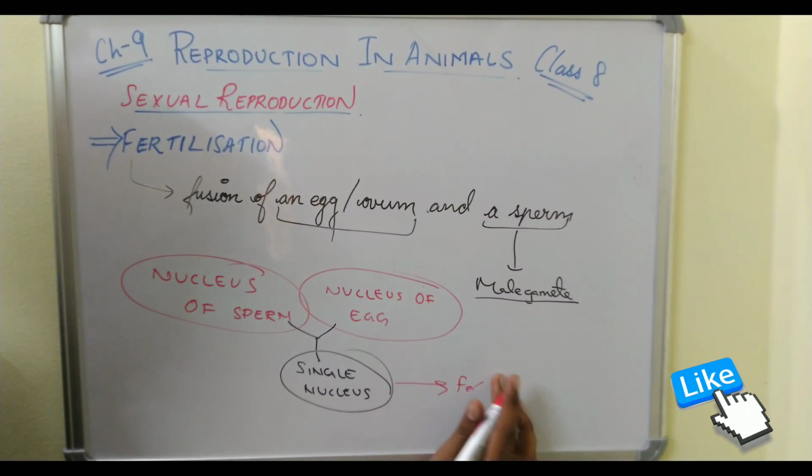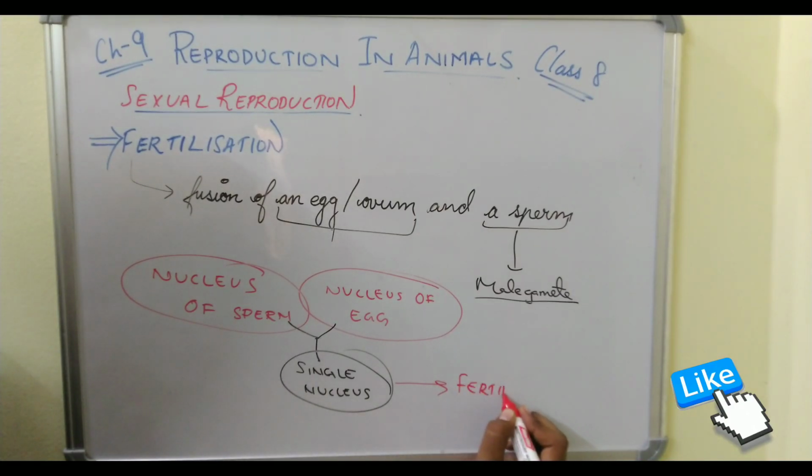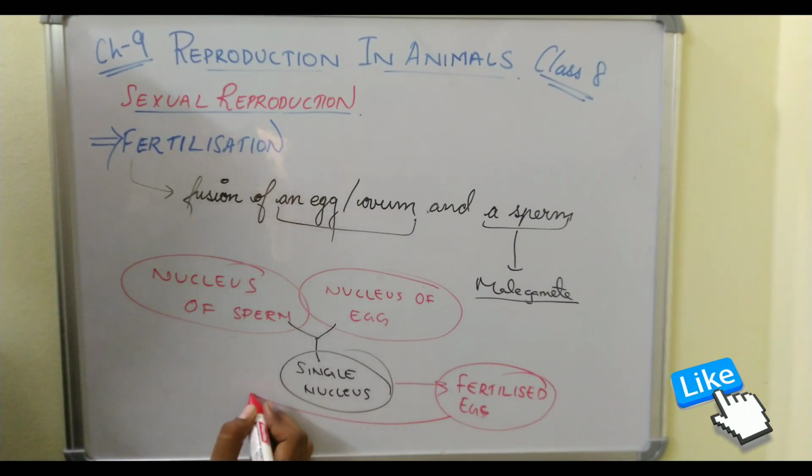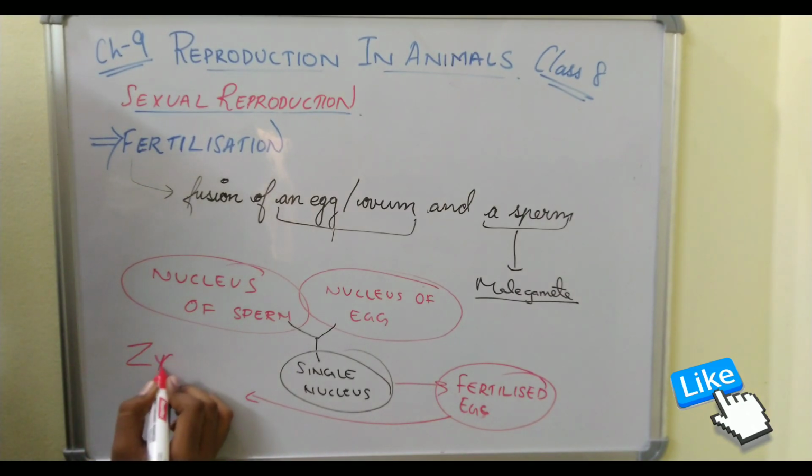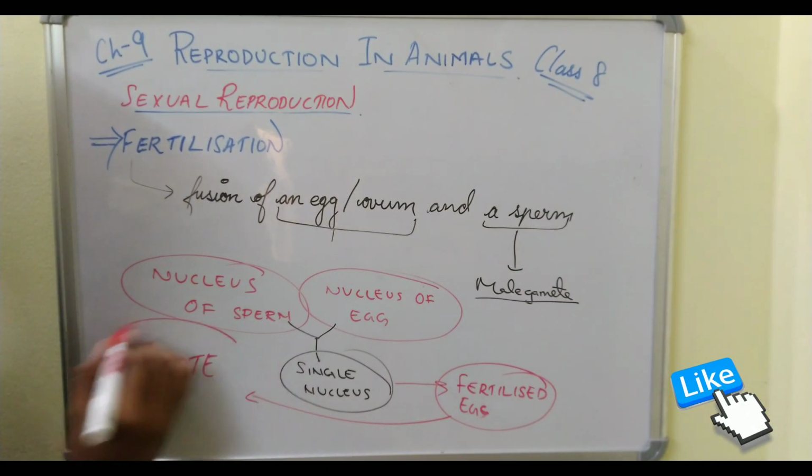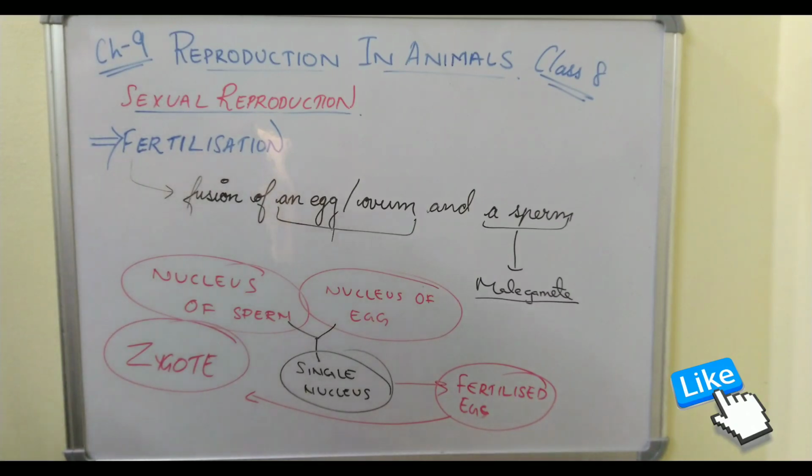So what happens after this? A fertilized egg is formed, and this fertilized egg is also called a zygote. Important point: the fusion of egg and sperm is called fertilization.